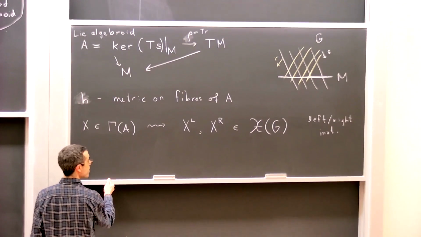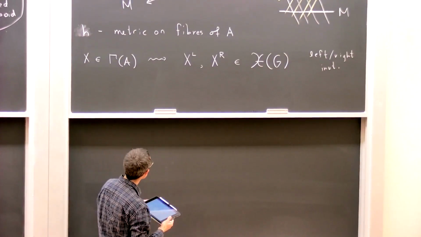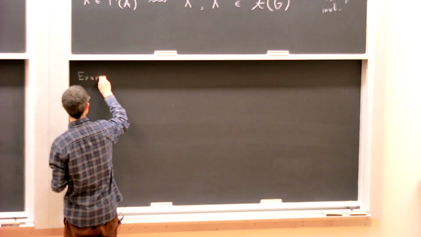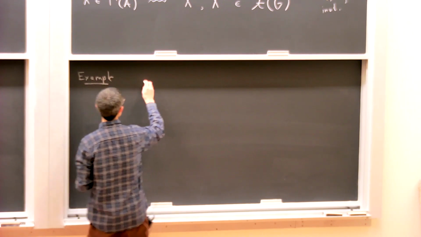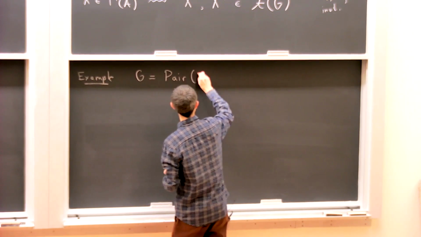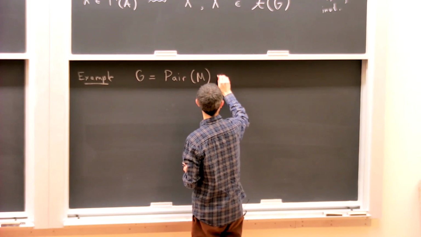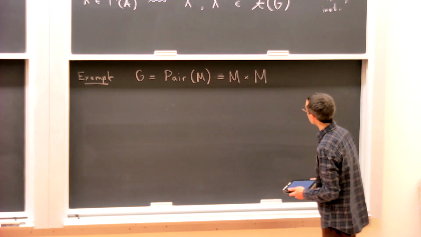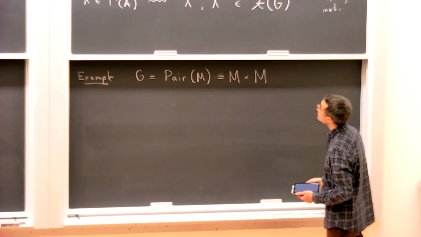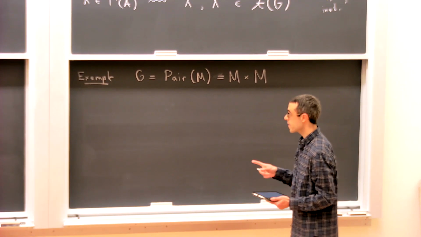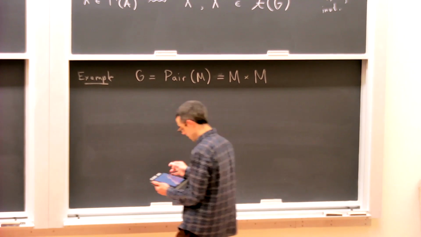Maybe I'll mention the simplest example. The example to keep in mind is where G is the pair groupoid of M, that's just M times M. In this case, the source and range projections are just the projections onto the two factors.